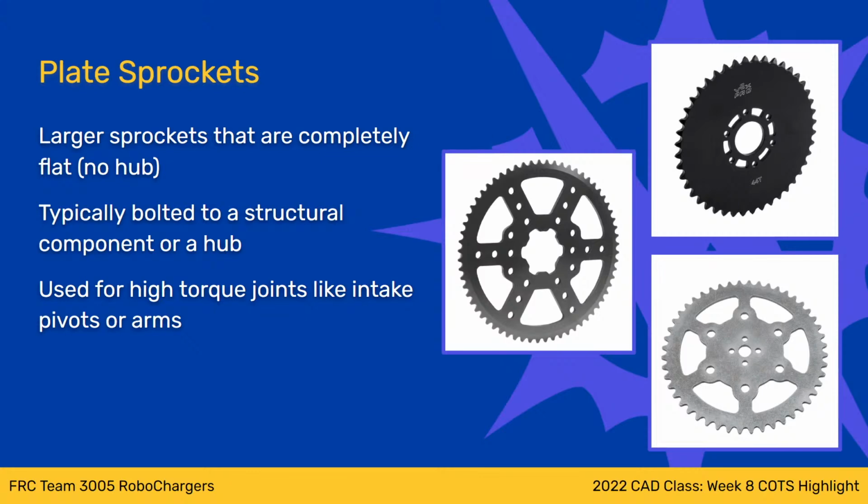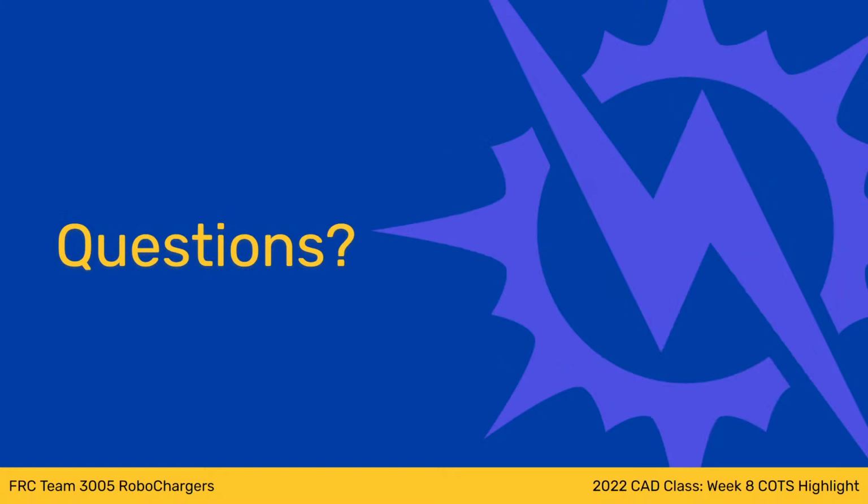I'm not really going to go into designing with sprockets and chain in this. We do have a project at the end of the CAD class that goes into that. I will say in the CAD videos for this week, I said something inaccurate when I recorded them. I said that this week we're finishing up this project, which is true, but I said that next week we'd be starting a different project. However, that is not true.